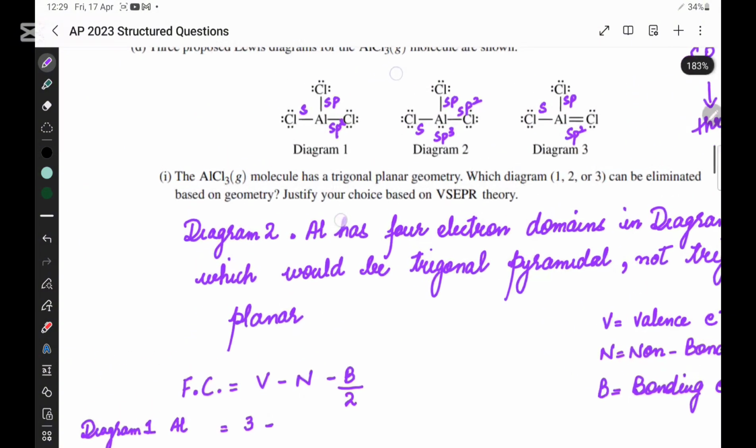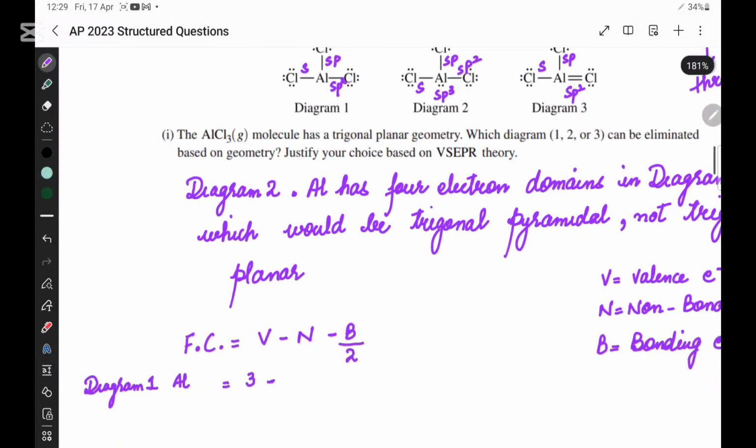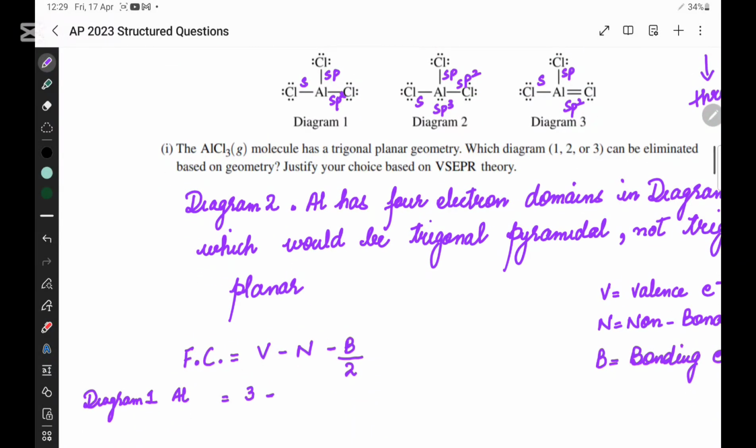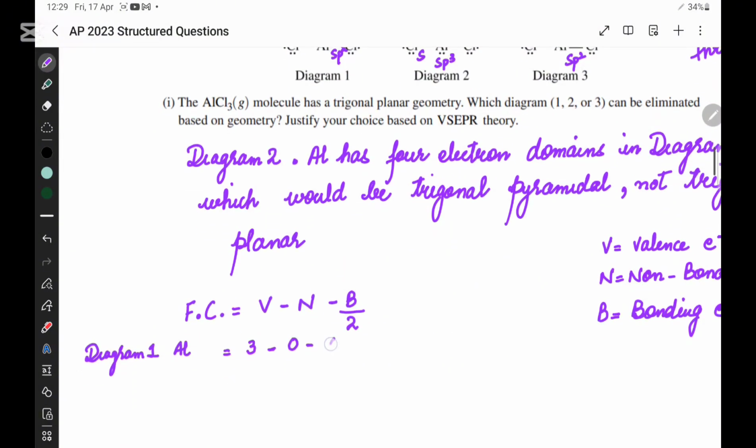If you see diagram 1, it doesn't have any non-bonding electrons on aluminium because all the electrons have been bonded. So I'm going to write 0 at this point. Minus bonding electrons, how many? They are 6. 1, 2, 3, 4, 5, 6. So it is going to be 6 by 2 and that comes out to be 0.